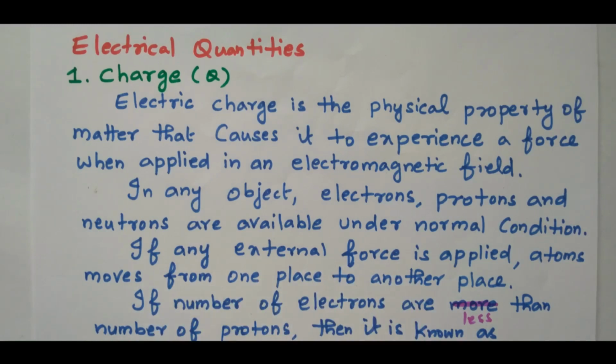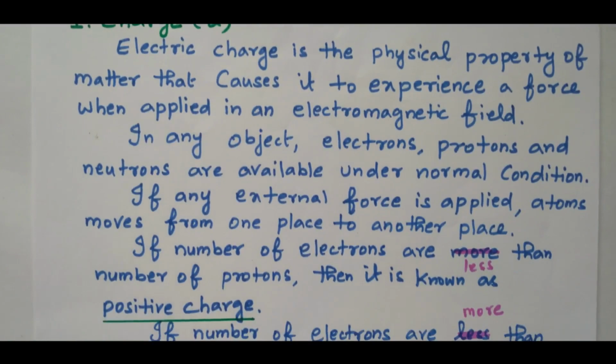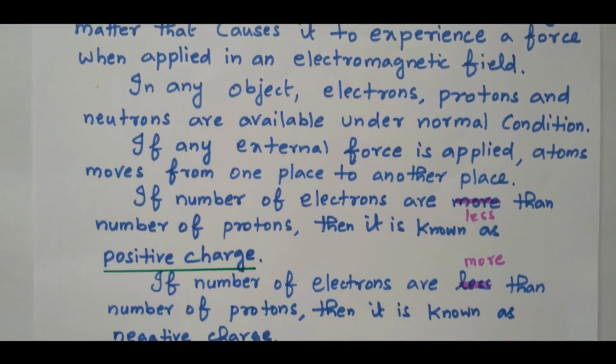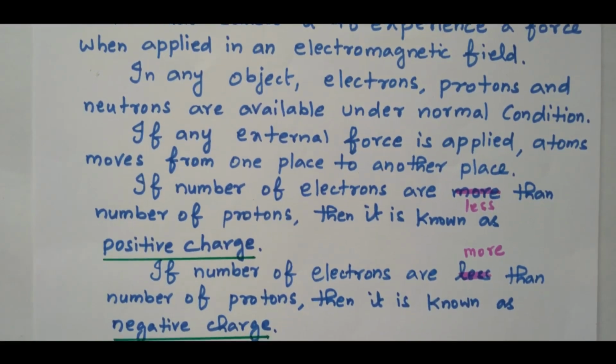So while applying the external force, what will happen? The electrons are moving from one place to another place. Due to this movement, if the number of electrons is less than the number of protons, then it is known as positive charge. The electrons are fewer, protons are more. You know that proton is positively charged, so the entire object is termed as positive charge.